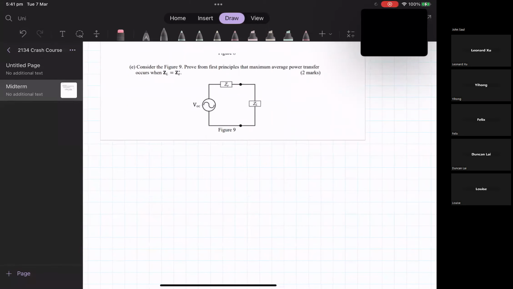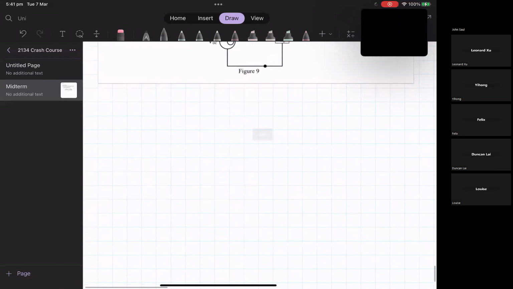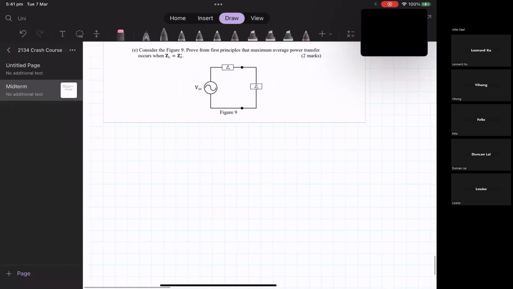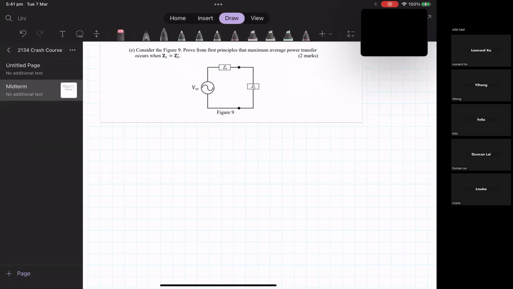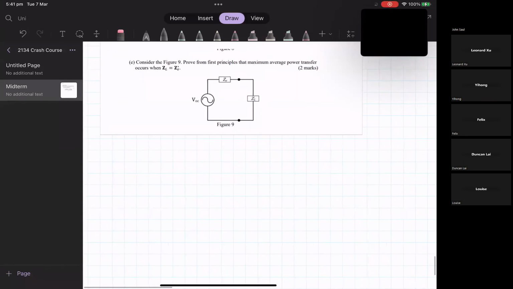So for this question, we're asked to prove the maximum average power transfer. You could look at lecture notes to solve this, but we're just going to go through this, see if we can derive it for ourselves from memory. So again, we're using voltage division a lot.